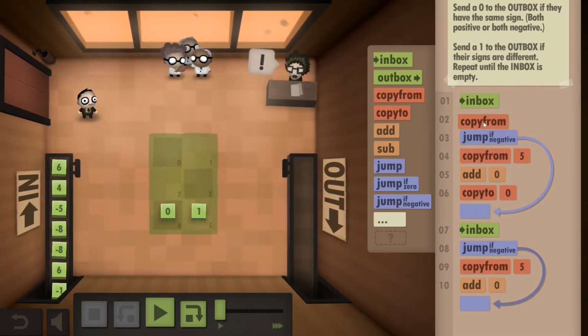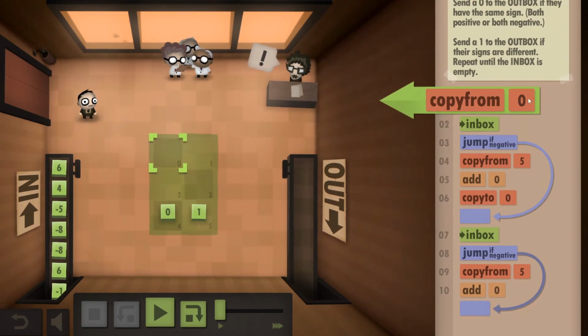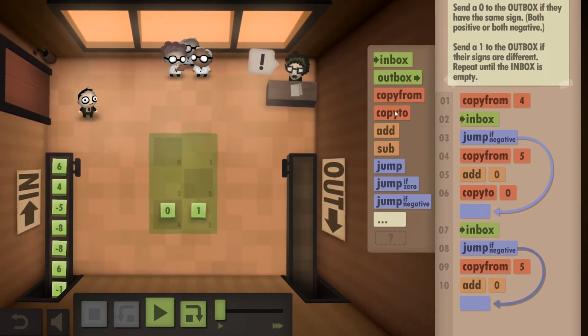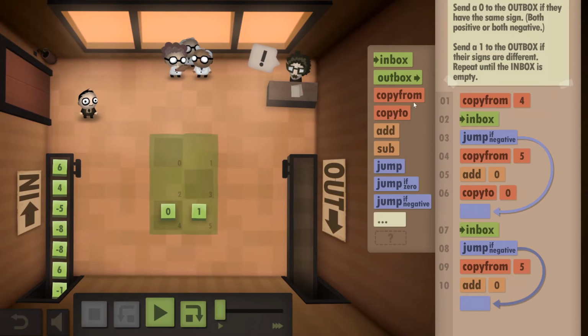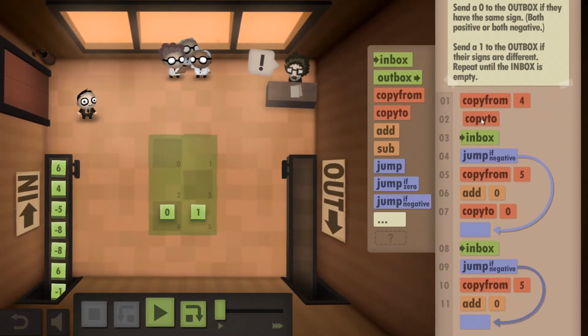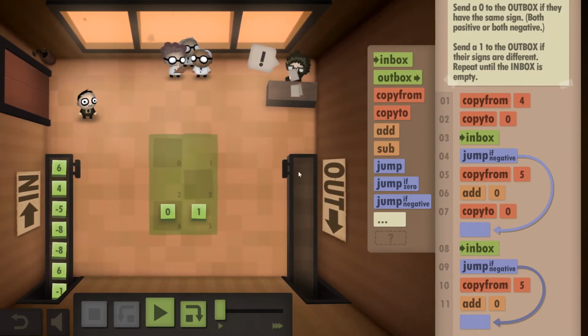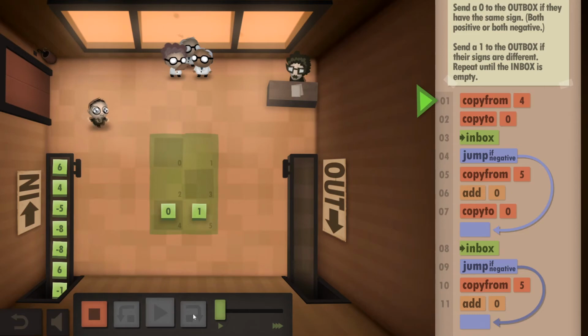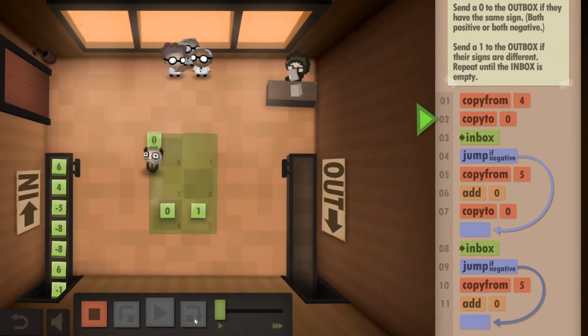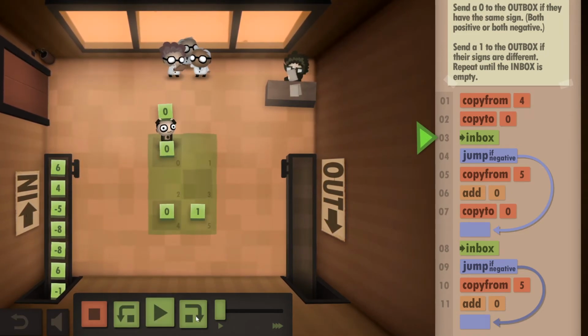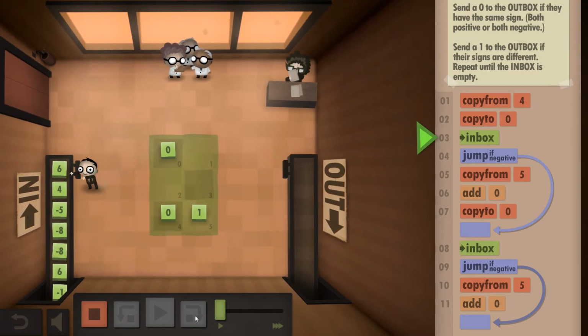So before we even start the program, we're going to copy from slot 4 and store that in slot 0. And the reason we're not just using slot 4 there is because we want to keep that value of 0 in memory so that we can use it later on. So we're going to initialize our variable there to 0, pick up a number.